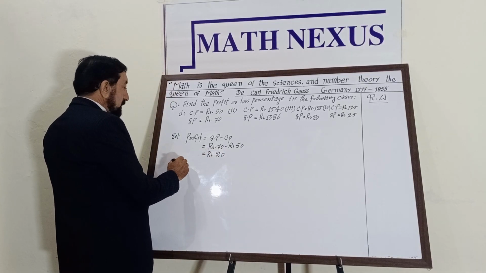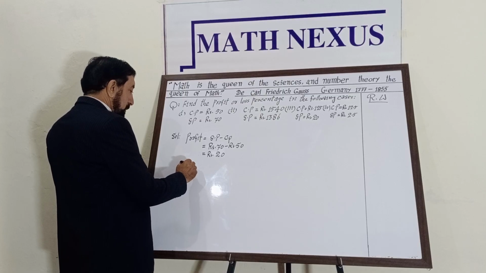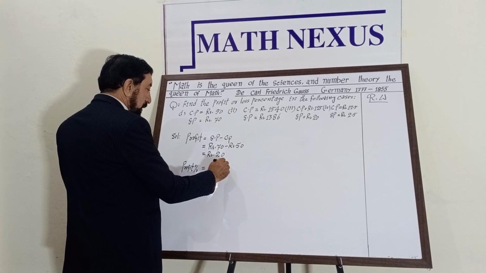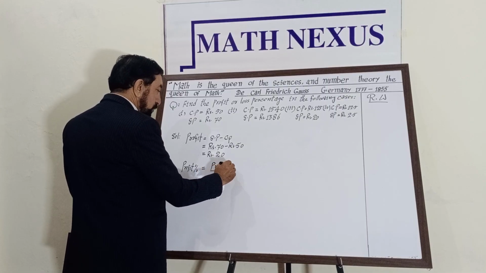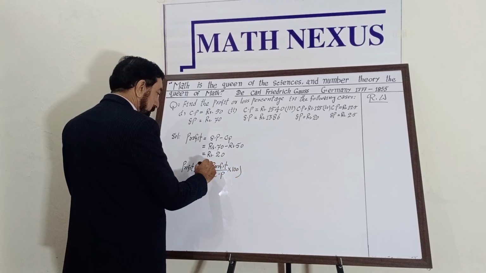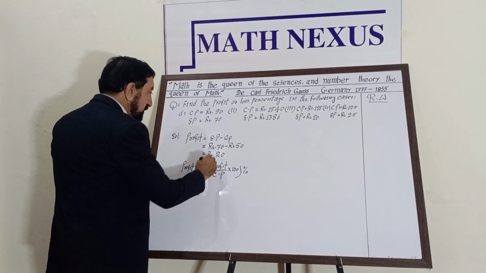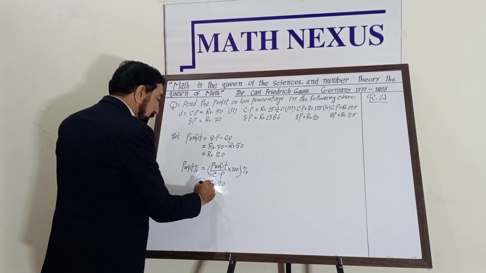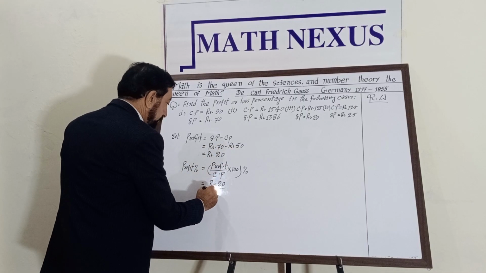Now profit percent is equal to profit upon cost price into 100%. Here profit is equal to rupees 20 and cost price is equal to 50.